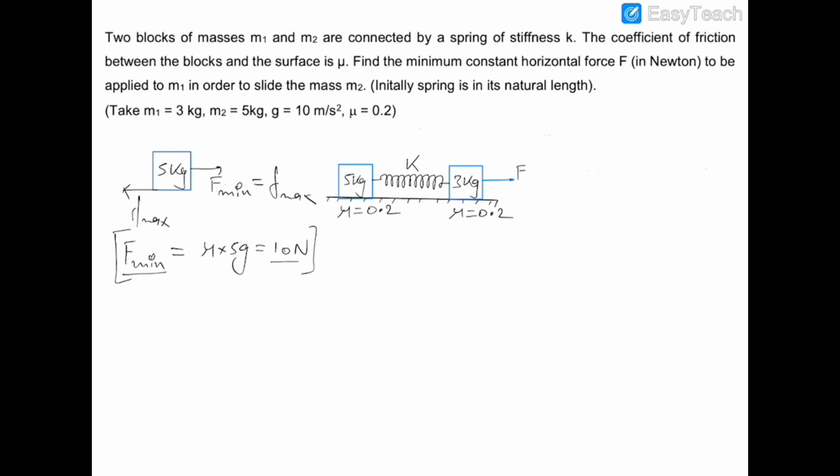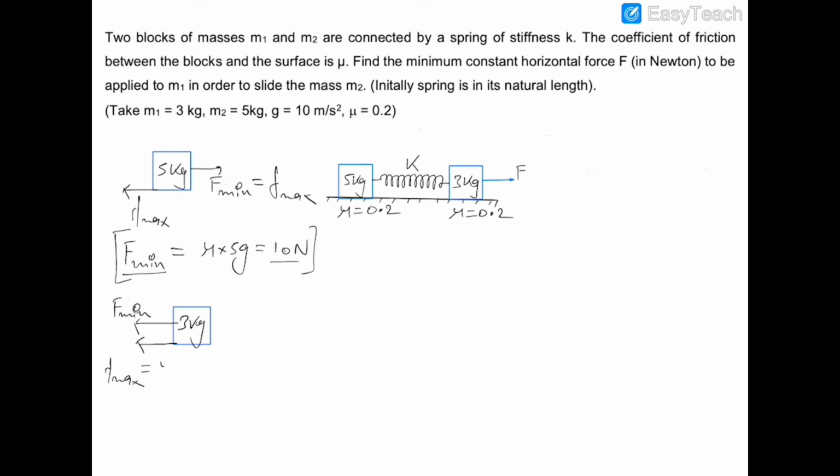Now most of the students do this question by equating the force on the 3 kg block, and let us do with that method, and I will tell you the correct one. Now this spring force which is acting on this 3 kg block will be in the backward direction, and the frictional force will be acting in the backward direction also.